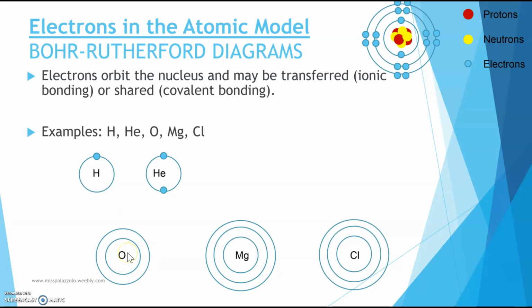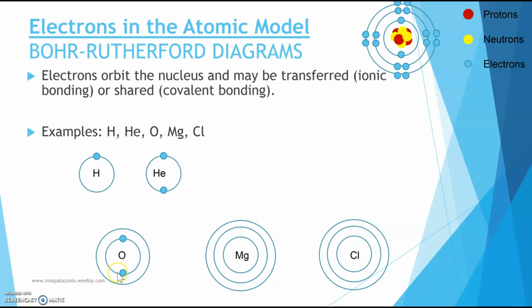Let's take oxygen, for instance. Oxygen has 8 protons. It has an atomic number of 8. And when it's neutrally charged, or when it has no net charge, the number of electrons is also 8. So let's draw those electrons in around the nucleus. If we've got oxygen's nucleus of 8 protons and 8 neutrons, let's take a look at the number of electrons. 2 will fill the first orbit.